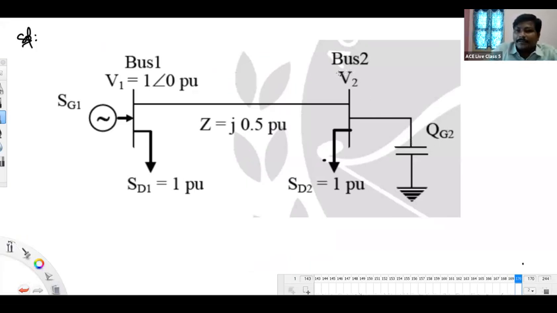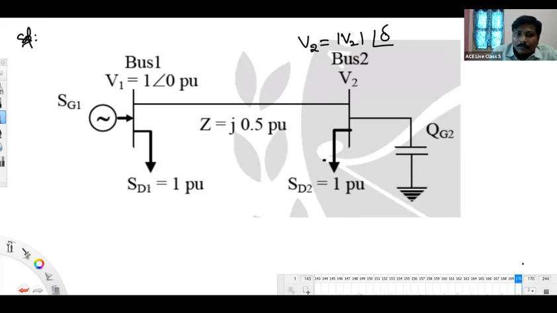Do you get any angular difference between bus 1 and bus 2 voltages? Yes, definitely. Even though they didn't show that in the problem, there will still be an angular difference. So I will take the bus 2 voltage as mod V2 at an angle delta. Already we said bus 1 voltage is 1 at an angle 0. Clear?